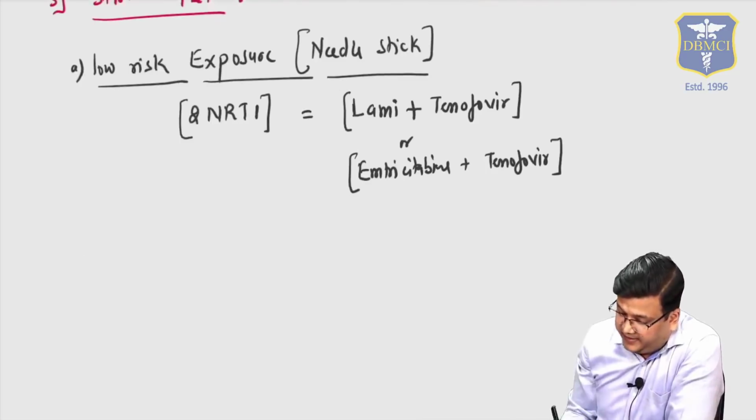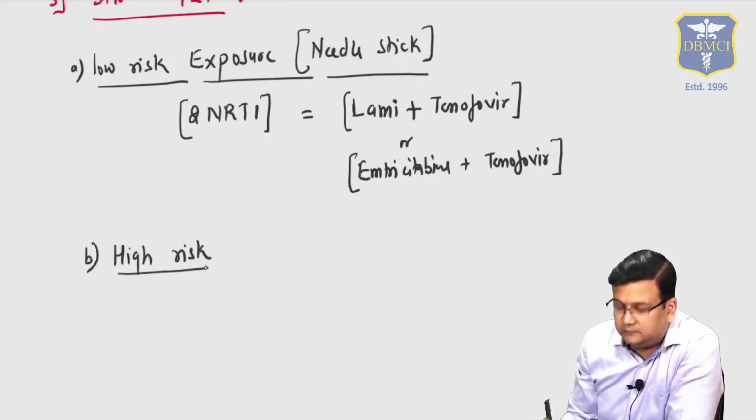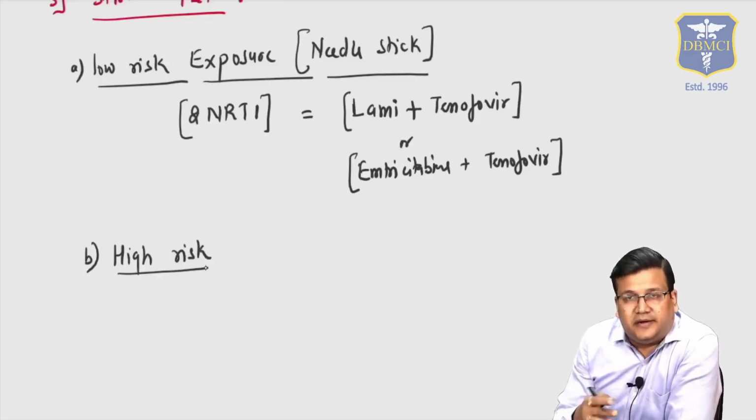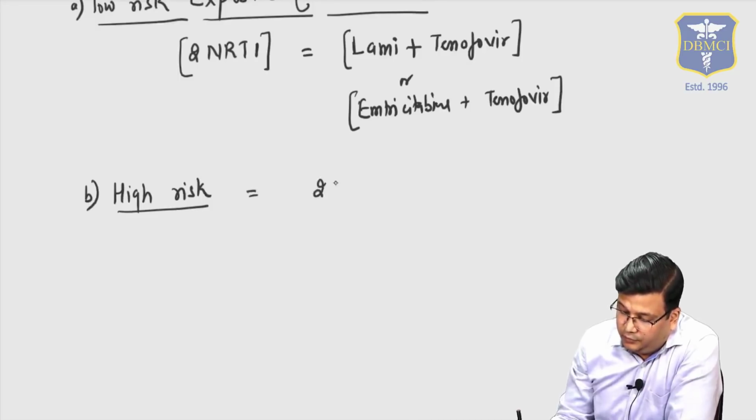However, if there is a high risk exposure, like direct contact with blood or blood transfusion, then we have to give 2 NRTIs plus 1 protease inhibitor.